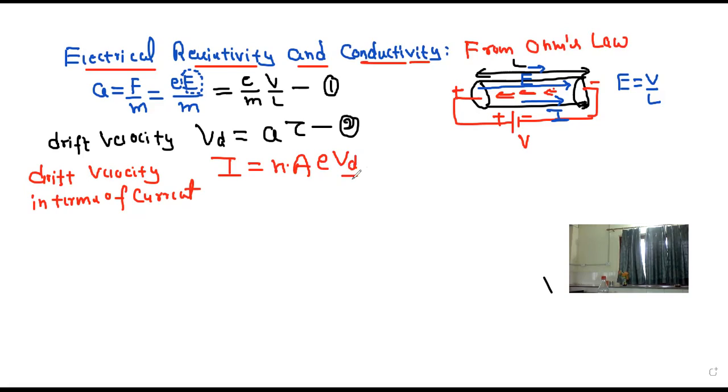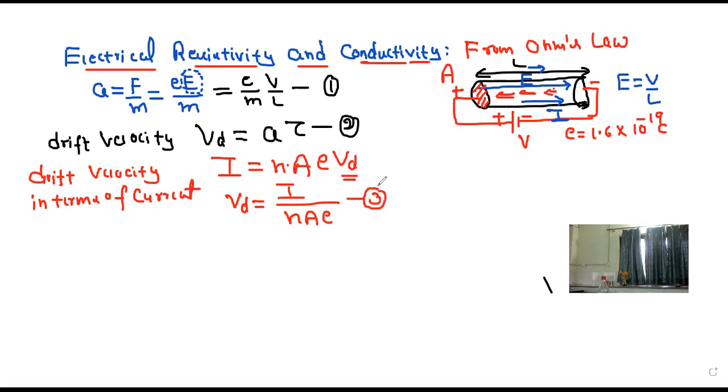So from this, I can find VD. Drift velocity VD is equal to I upon n A e, where I is the current flowing in the wire, n is the number of electrons per unit volume, A is the cross-sectional area, and e is the charge on the electron. And you know that the charge on the electron is 1.6 into 10 raised to the power minus 19 coulomb. So this is the drift velocity, and let me call this my equation number 3.